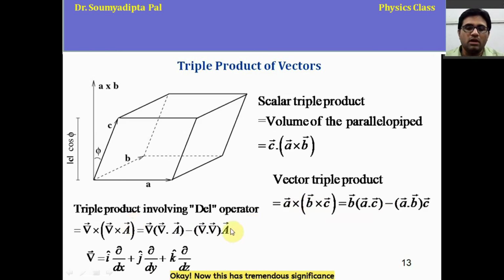This has tremendous significance in electromagnetic theory. Now instead of A, if we consider electric field and magnetic field, and use Maxwell's equations, we can reach the electromagnetic wave theory. So this is the significance of this triple product involving the del operator.